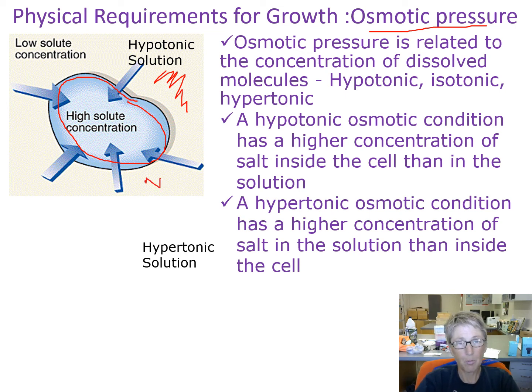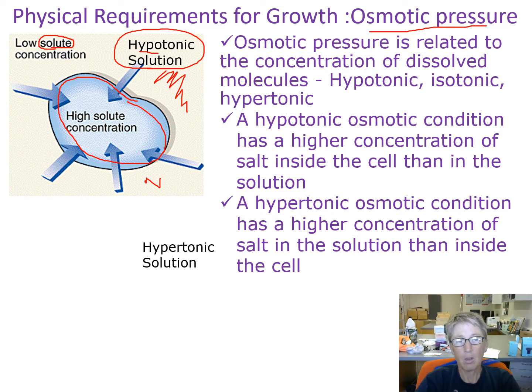Say the cell was put in a beaker that had a hypotonic solution. Hypo means low. That means there is low salt or low solute concentration outside the cell in the solution. That means there's a high water concentration. And these are relative values.